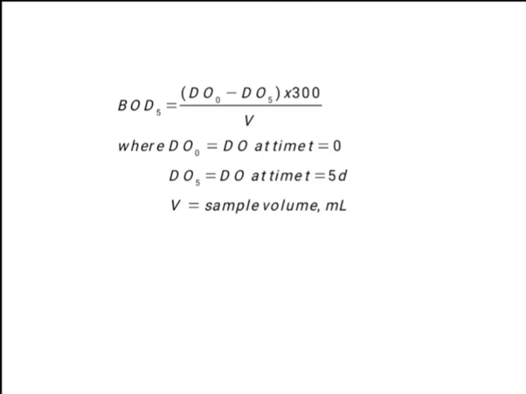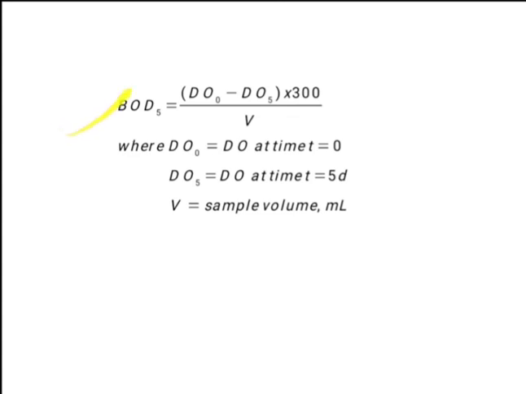So DO at time 0 minus DO after 5 days of incubation, into 300, divided by volume. This 300 is the volume of the stoppered bottle, which is fixed, and V is the sample volume which we have taken for the dilution, either 5 ml, 10 ml, 15 ml, 20 ml, from the first bottle. So this is the sample volume in ml.